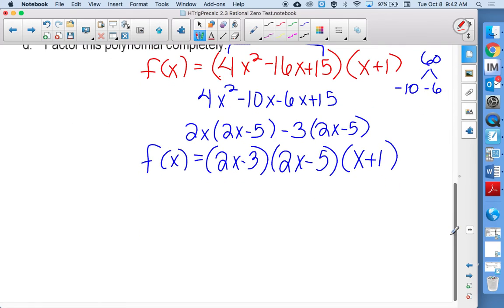That means my factor is an x plus 1. So if these are the factors, what are your 3 zeros? So my 3 zeros would be 3 halves, 5 halves, and negative 1. Questions?